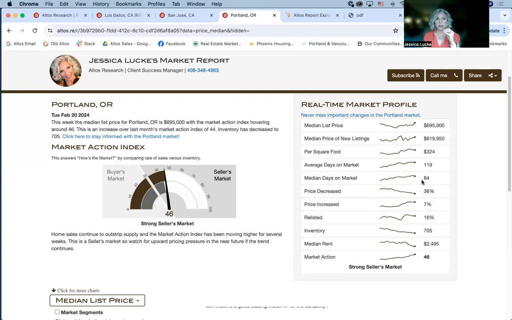Now, this percentage is awesome when dealing with sellers. One of the best things you can do is build the relationship with your seller, empower them to better understand the market as you go through that process together. How? Let them know that, hey, as of right now, 36% of the active inventory had to take some sort of a reduction since being put on the market. We want to make sure that that stays the same or goes down.